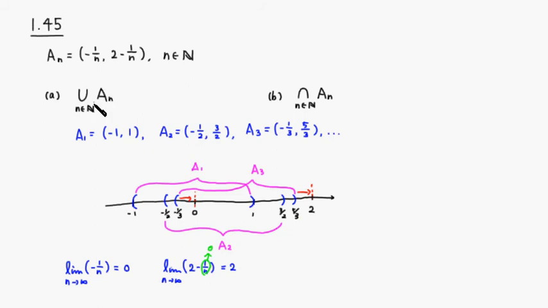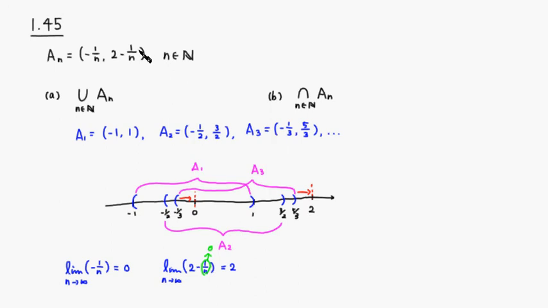For part A, we want to find the union, so we want to put them all together. The farthest left you can go is the very first one, -1. And the furthest right you can go is where the right endpoint is moving toward 2. So it's going to go from -1 all the way to 2, but excluding 2.